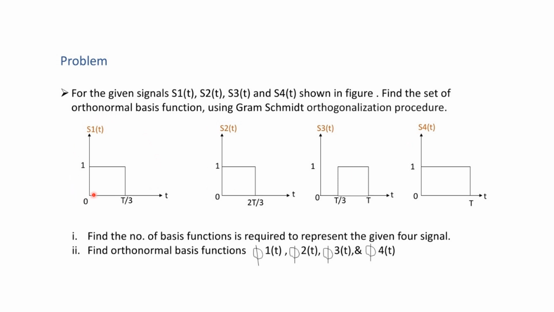The graphs of S1 of t, S2 of t, S3 of t, S4 of t are given here. We have to find the number of basis functions required to represent the given four signals, and second, find the orthonormal basis functions, that is phi1 of t, phi2 of t, phi3 of t and phi4 of t.